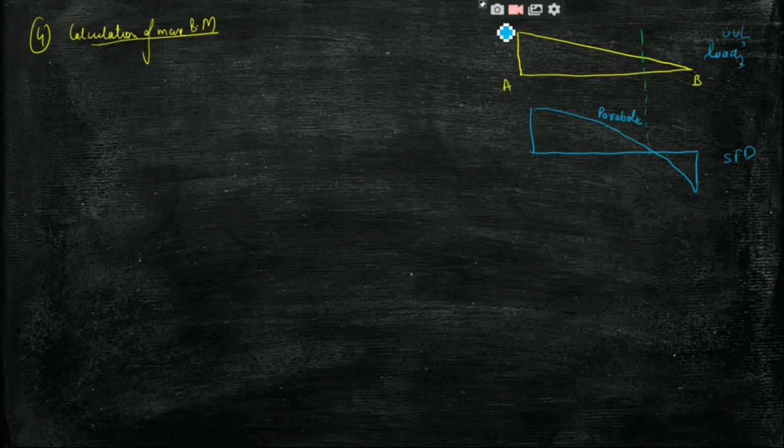This value is 18 kilonewton per meter, and we have assumed this distance to be x, so the remaining distance will be 3 minus x because AB is 3 meter long. So we will consider this loading diagram.